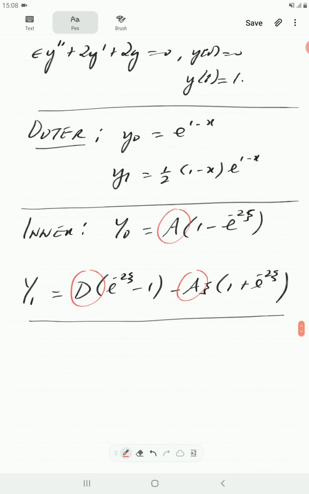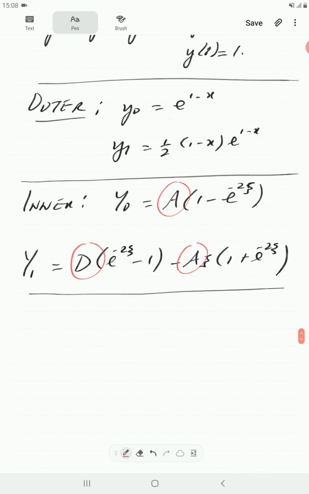So if we start at order 1, the equation we have is limit of y0 as xi goes to infinity must be equal to y0 at 0.